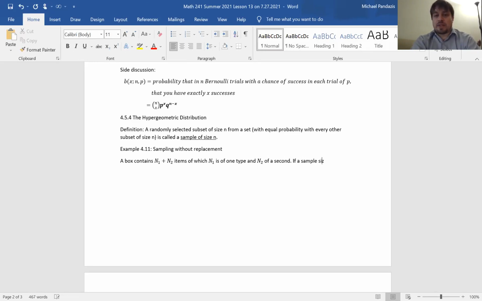If a sample of size n is selected from the box under sampling without replacement, and if capital X is the number of items of the first type in the sample, what is the probability function of capital X?